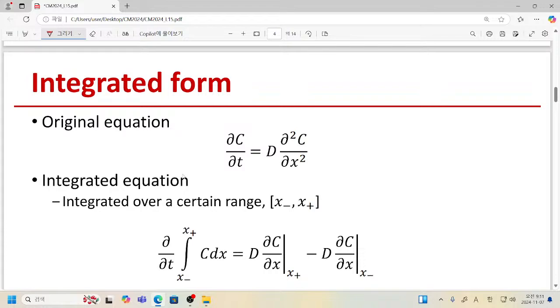So this is our original equation to be solved, and instead of taking this value just like its own dimension, usually we integrate this value over a certain range.